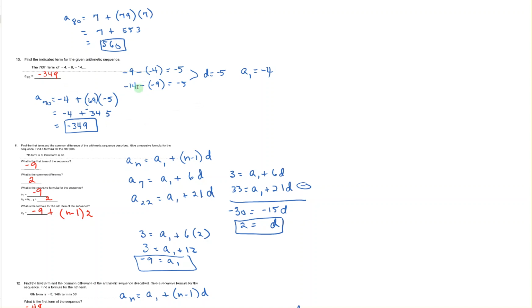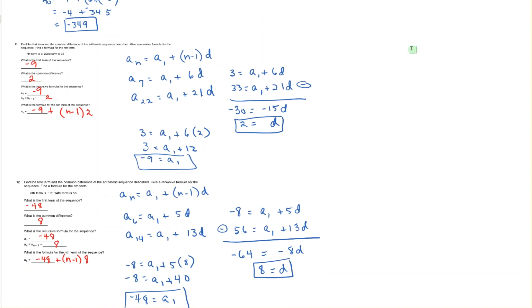If I do negative 14 minus a negative 9, I get negative 5. So that's telling me my common difference is negative 5, and my a sub 1 is negative 4. So a sub 70 is negative 4 plus, take 1 away, 69 times negative 5. So that's negative 4 plus negative 345, we get negative 349.